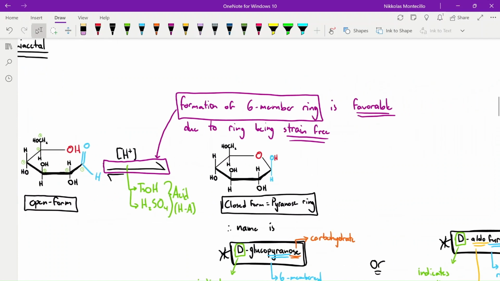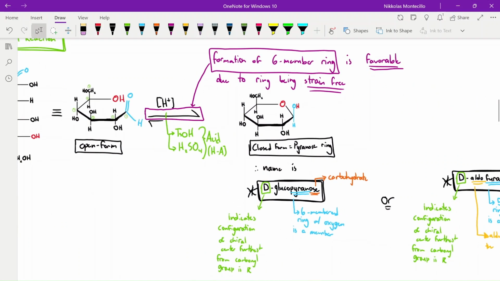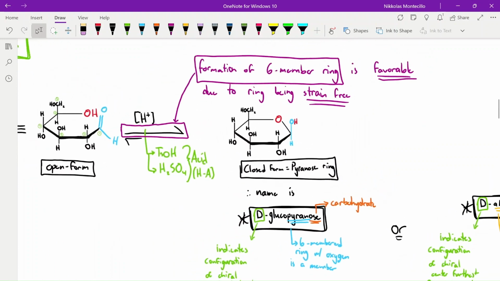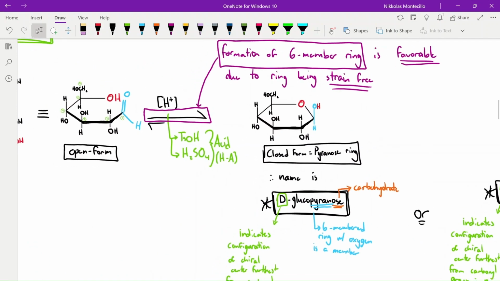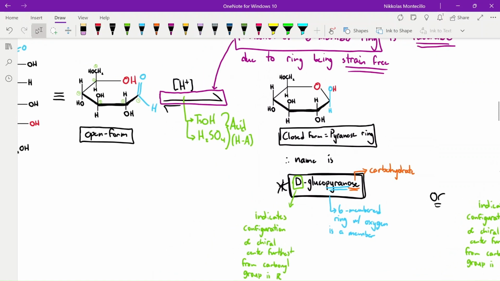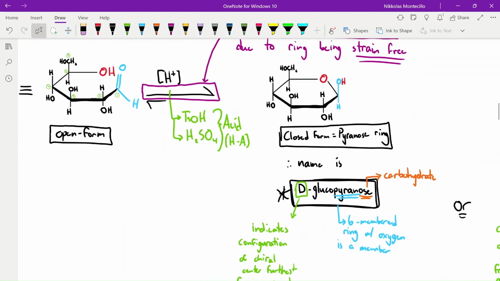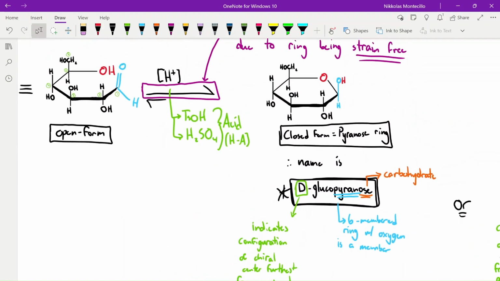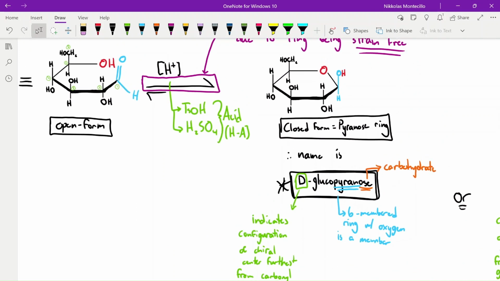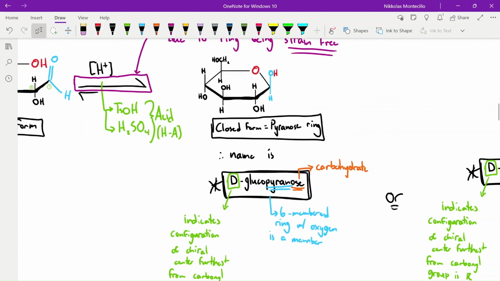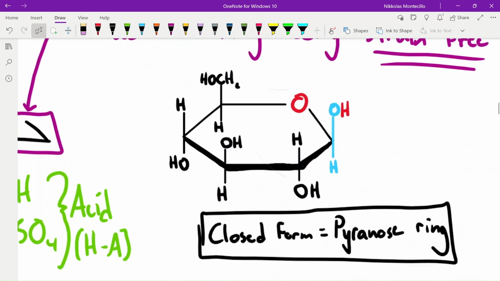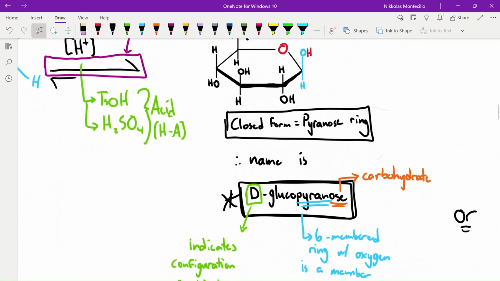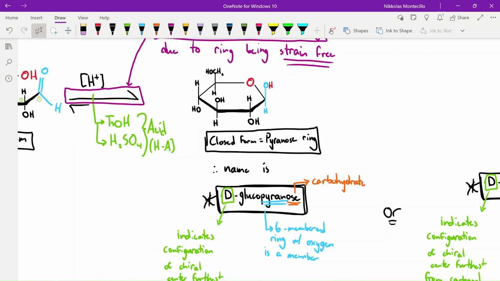So carbohydrates can also be classified into names based on their ring form, and we would call this D-glucopyranose. D indicating that the configuration of the chiral center furthest from the carbonyl group is R. Pyran referring to the fact that the ring that forms here is a 6-member ring, and then ose indicates that the ring is a carbohydrate.